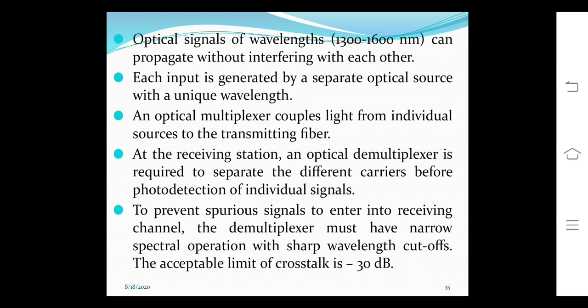On the receiving side, an optical demultiplexer is required to separate these different carriers before photodetection of the individual signals. To prevent spurious signals from entering the receiving channel, the demultiplexer must have a narrow spectral operation width with sharp wavelength cutoffs, so that the acceptable limit of crosstalk is minus 30 dB.